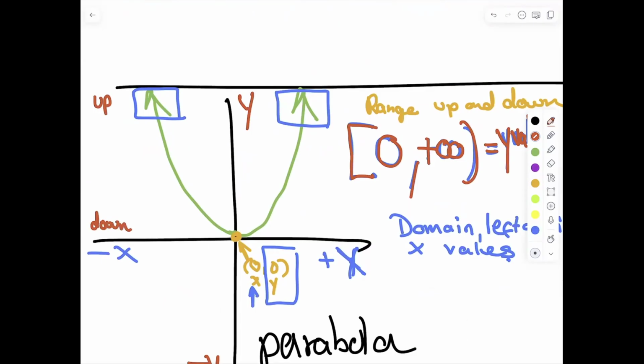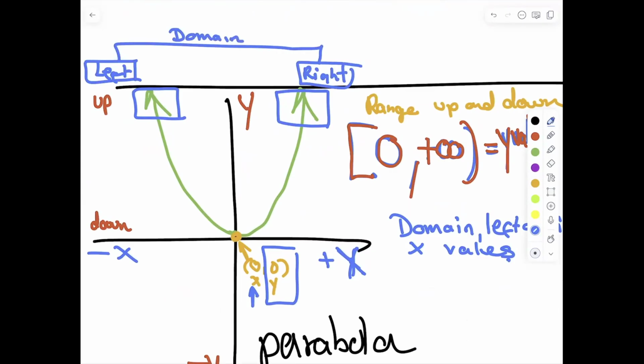But now we are going to talk about left and right. Because this is what? This is domain, right? Left and right, correct? Yeah.